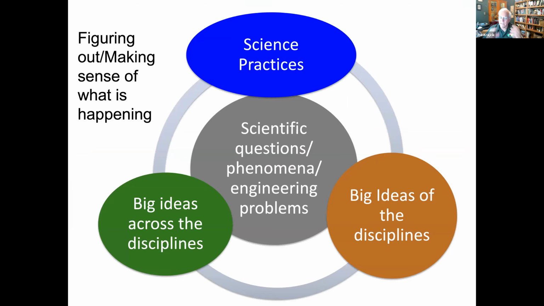And in order to answer that question or to make sense of that phenomena, I have to use science practices. On the left, I also have to use the big ideas that go across the disciplines. Those are the cross-cutting concepts that are in green. And on the right, I have to use the big ideas of the disciplines. Those are the disciplinary core ideas.